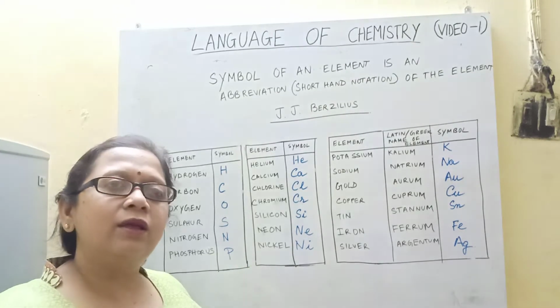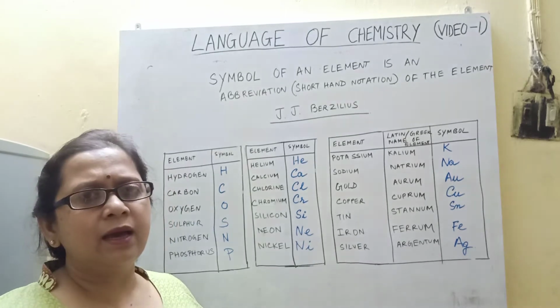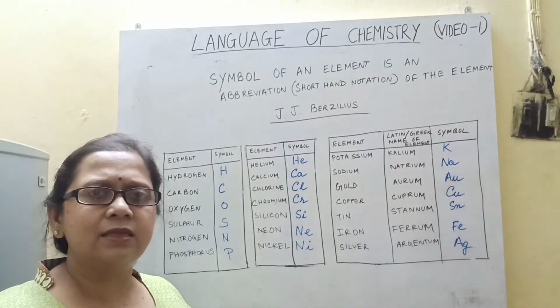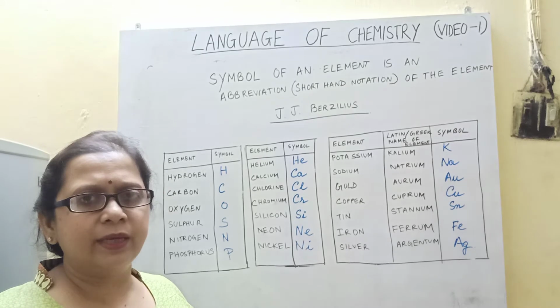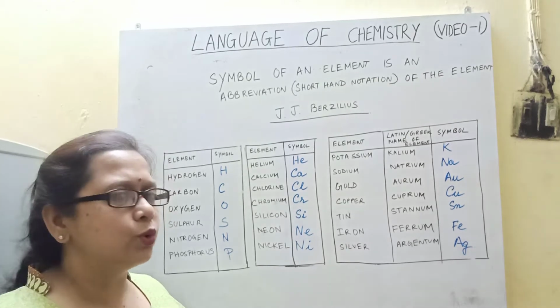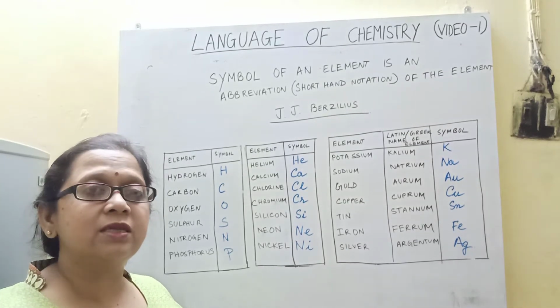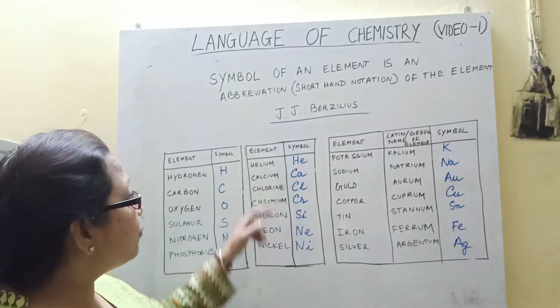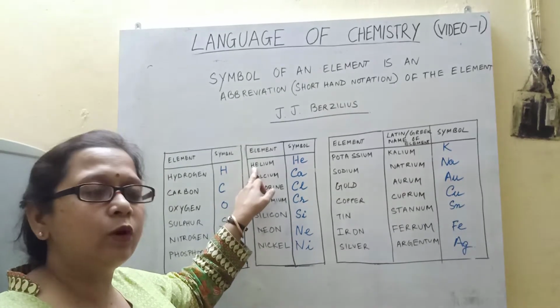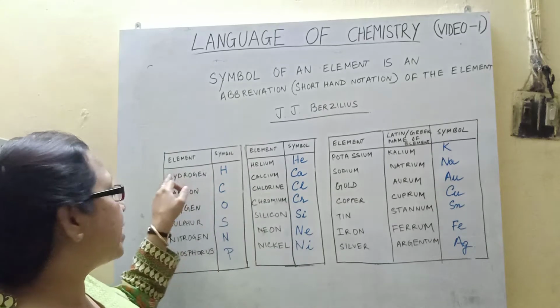But there are so many elements and only 26 letters of the English alphabet. So what are we to do if another element starts with the same letter? For example, helium also starts with the letter H, just like hydrogen.